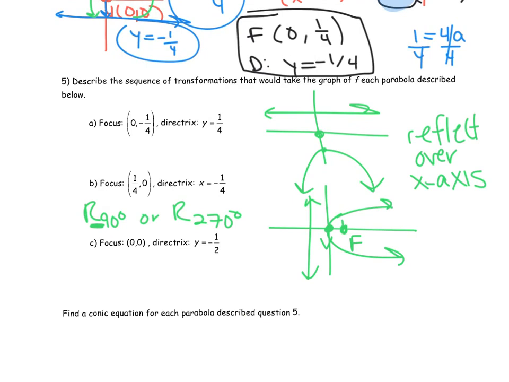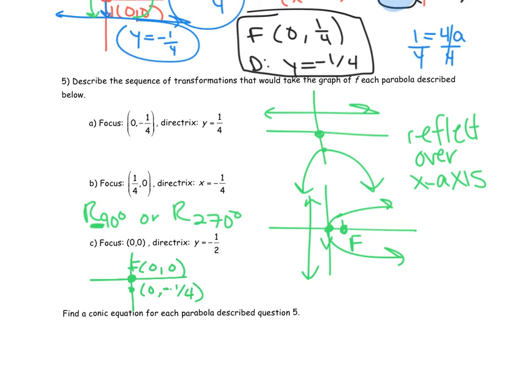All right, and last one. Now we have the focus at (0, 0). If the focus is at (0, 0) now, the vertex had a shift. You can't have the focus and the vertex being the same thing. So we're going to move the vertex to (0, -1/4).